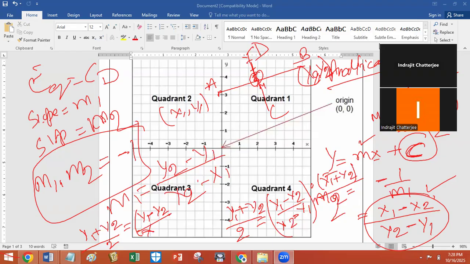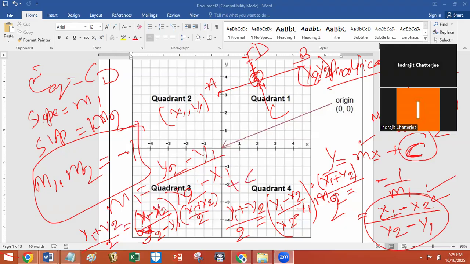Sorry, it is this slope, so that's x1 minus x2 divided by y2 minus y1, right? And then you multiply it by x, which is x1 plus x2 by 2. So that gives you mx and then c, right?